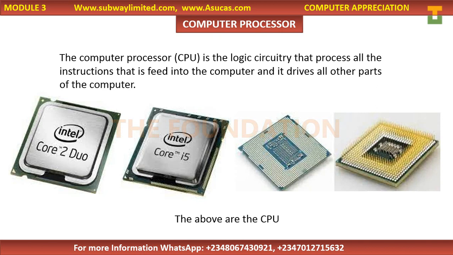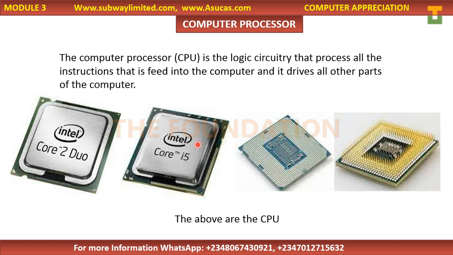We have different types of CPU, but we don't handle this in the course of the application or appreciation class. We handle this in the repairs and maintenance class. So like what you are having here, you are seeing core 2 duo, you are seeing core i5.